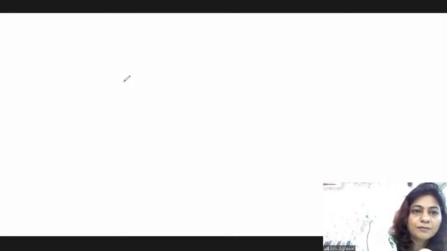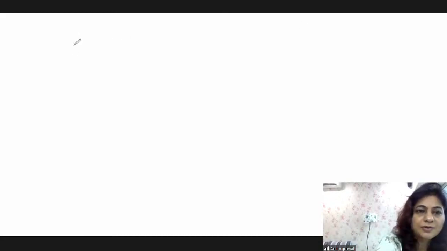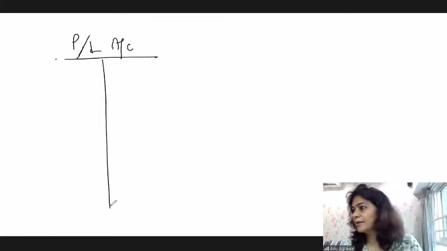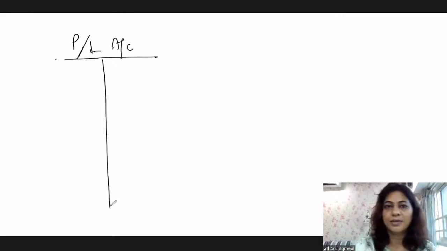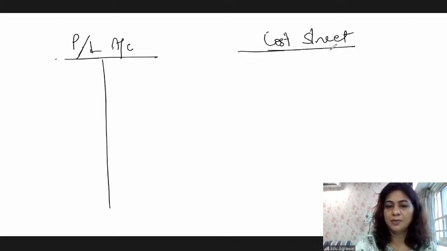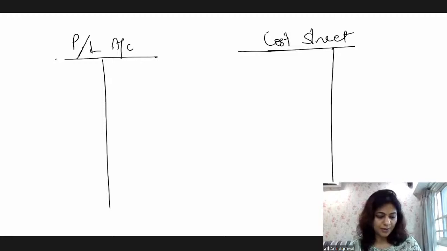First of all, let us try to make a finance profit and loss account, and let us try to make a cost sheet simultaneously. And then we will see what is the difference. You can make a cost sheet in the form of an account, or in the form of a statement, whatever.